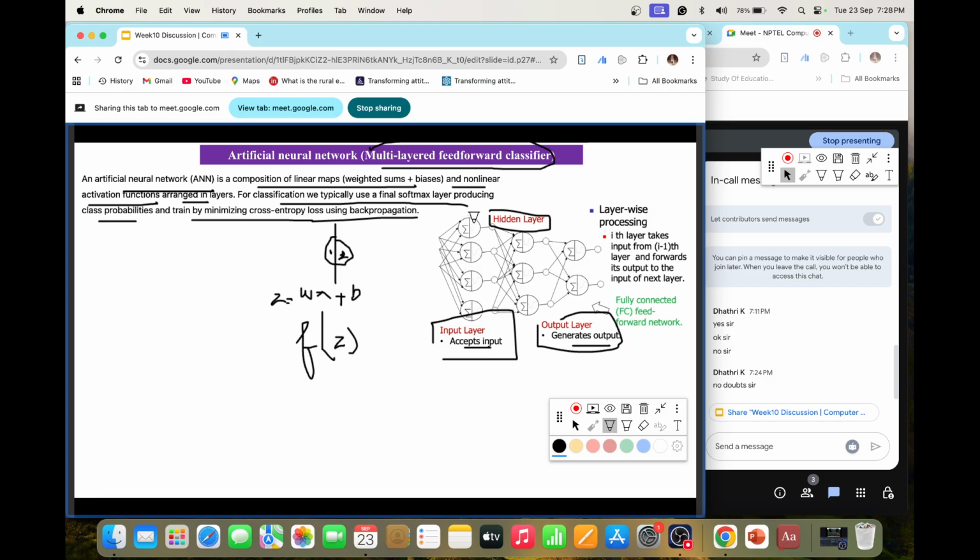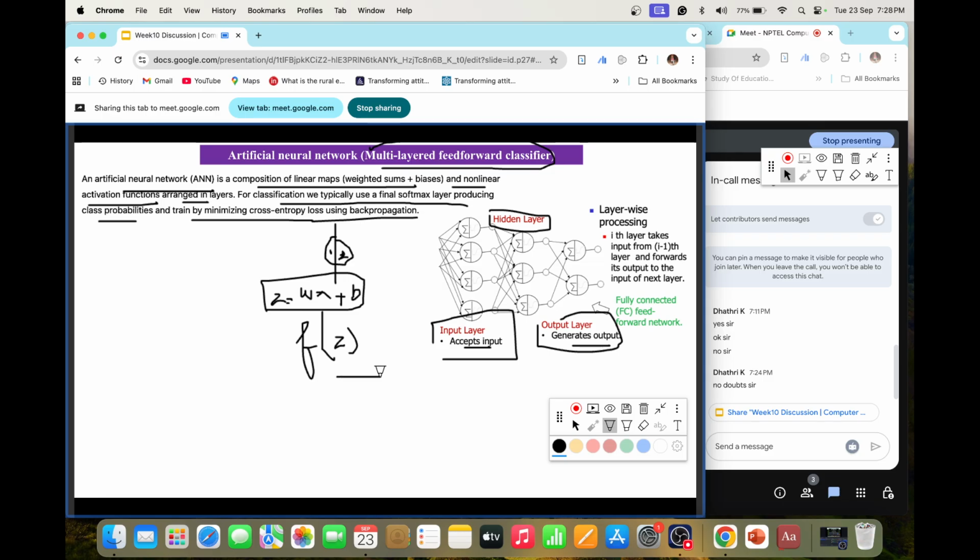For each neuron, you will have this input part and then an output part. Similarly, for the hidden layer neurons you will have an input part and an output part, and the output layer is the same. Every neuron has an input part where we calculate z, wx plus b, and then an output part, that is f(z).